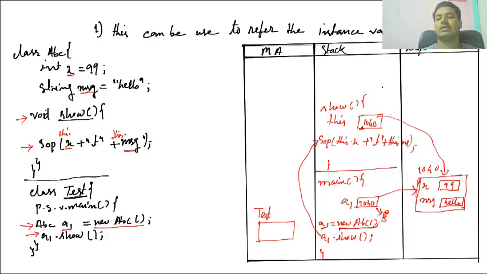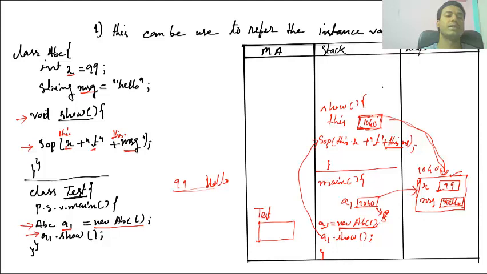Now this is a reference variable which is pointing to this object. So this dot X means it refers to this location, the X value. The X value is 99, so it prints 99. One tab space, then it prints this dot MSG. When you say this, it refers you to this location, and from here it accesses MSG and prints hello, right? So this is the use of this.